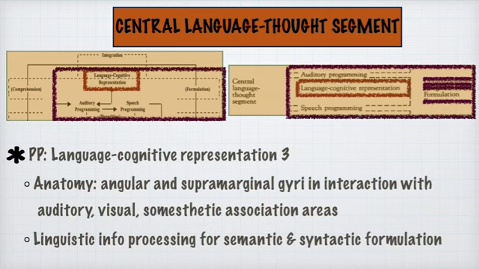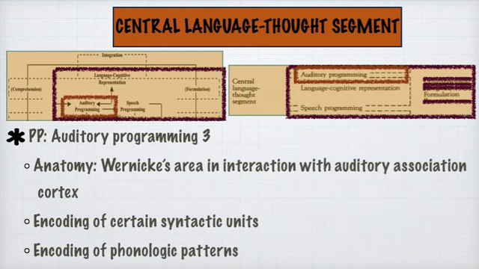Earlier, the language cognitive representation was more of trying to decode the message, right? You're trying to understand the message. This time in our formulation, our language cognitive representation 3 is more about encoding. And then we also have our auditory programming 3, which involves the Wernicke's area interaction with the auditory association cortex.